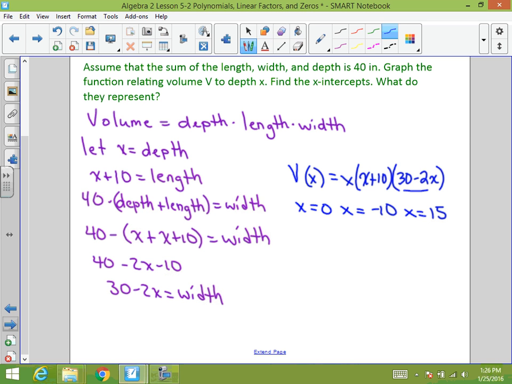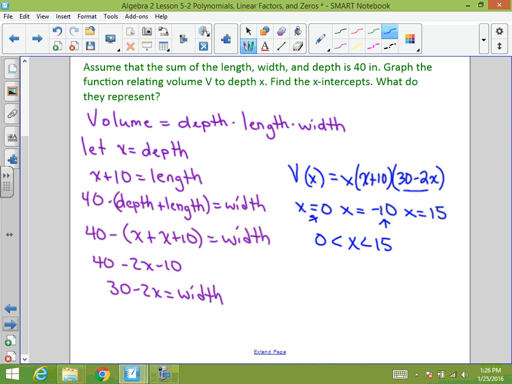I can't have a piece of luggage that has a negative 10-inch depth.